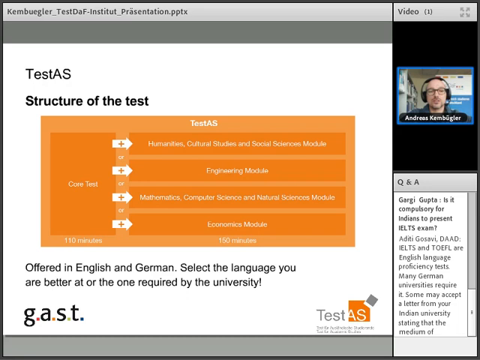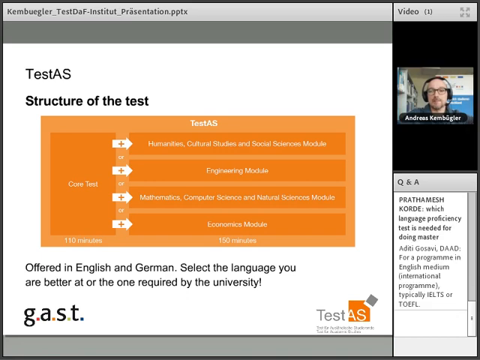And after the core test, you have to choose one of those subject-specific test modules, and you choose the test module according to your study program that you are planning to take or to apply for. Probably a good message for you: you can take the test both in English or in German, so you can select the language that you are better at.